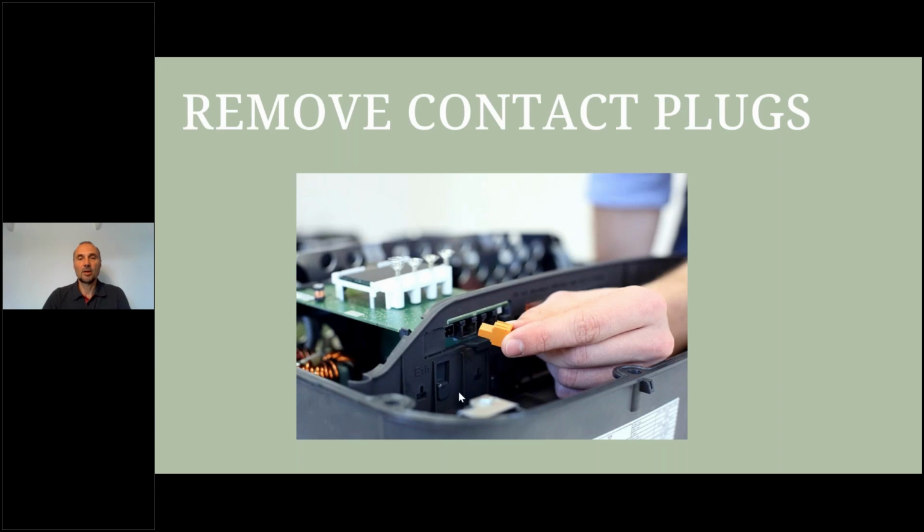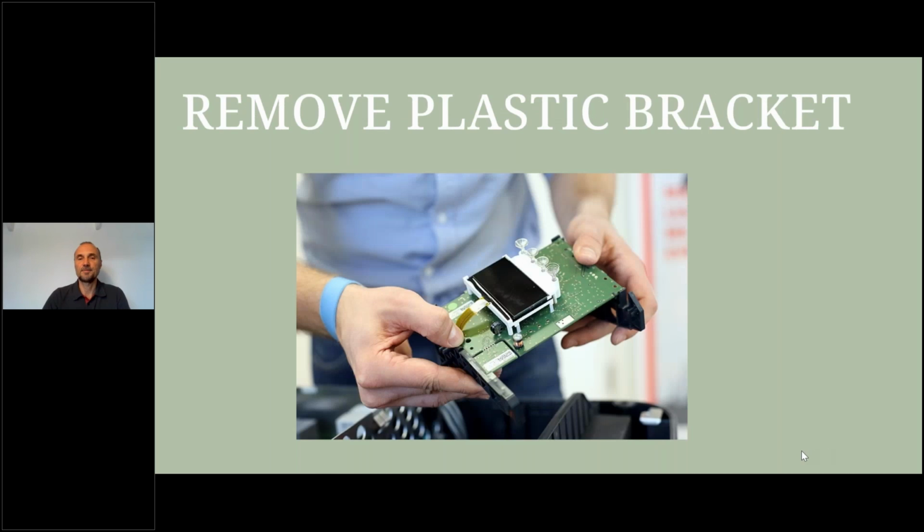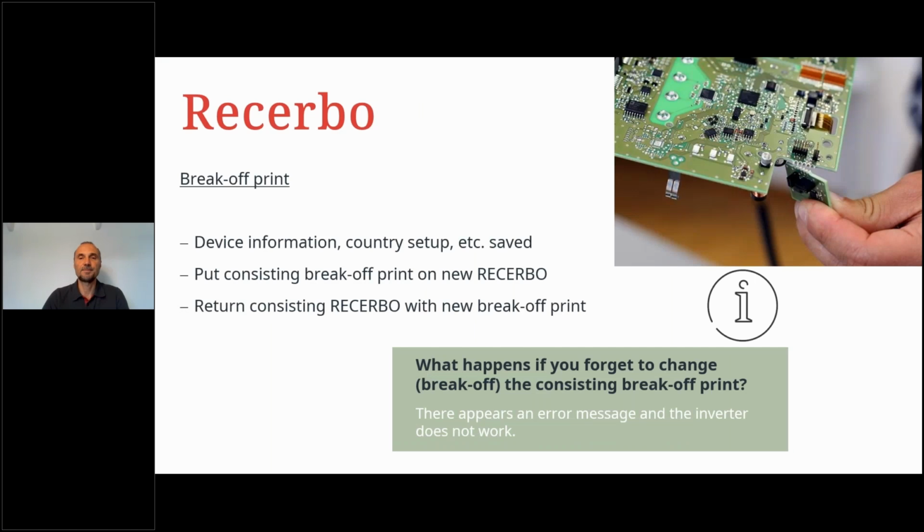So just take off all the plugs. Then just lift this PC board a few millimeters only, and then you can take off the card, as it's shown on this picture.